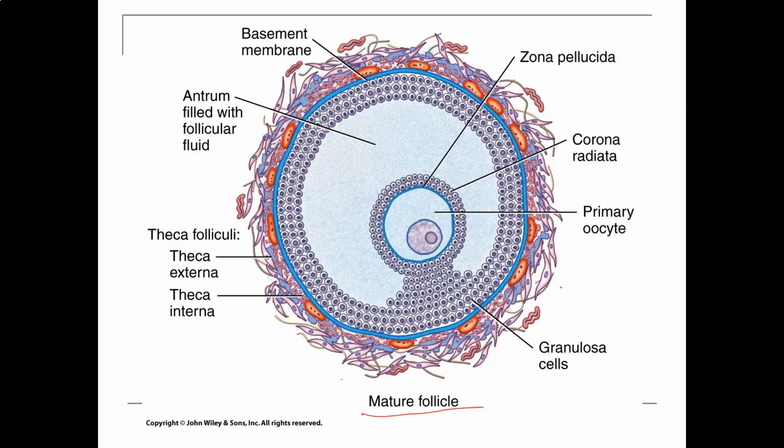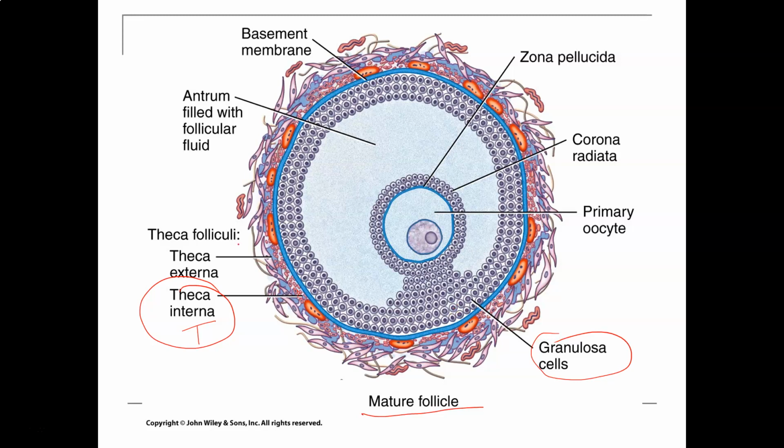So just to review that, recall that these cells here, in the theca, what's called the theca interna, are the cells that make testosterone. And then the granulosa cells surrounding this antrum cavity are the ones that convert that testosterone to estrogen.